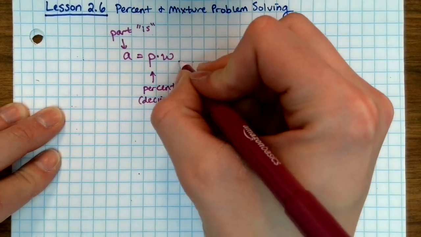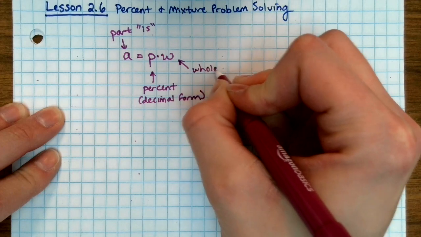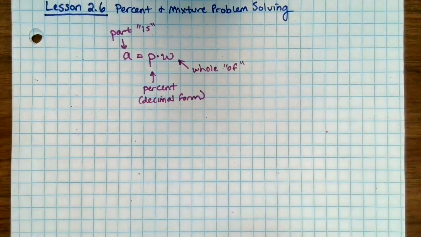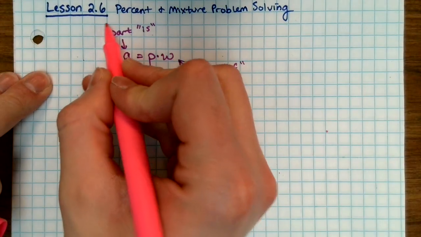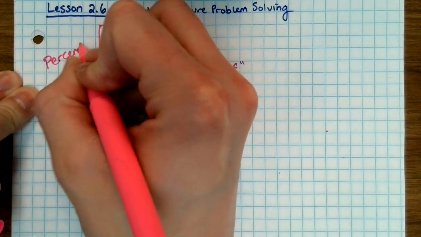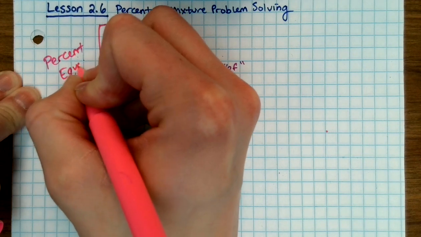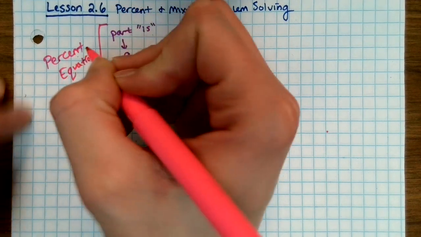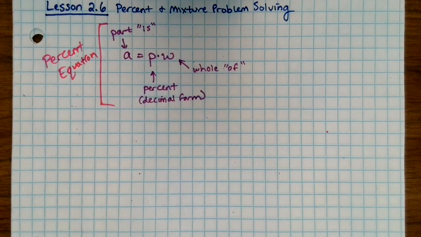And then we have the whole, which a lot of times you can look for the word of. So that is our percent equation, A equals P times W. That is what we're going to want to keep in mind as we move through all of these examples we're going to see in just a moment.